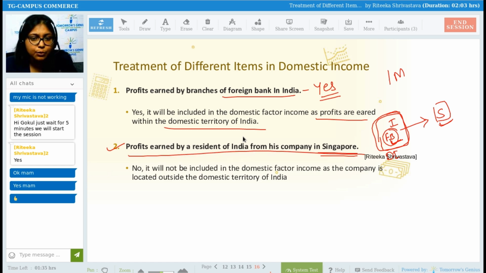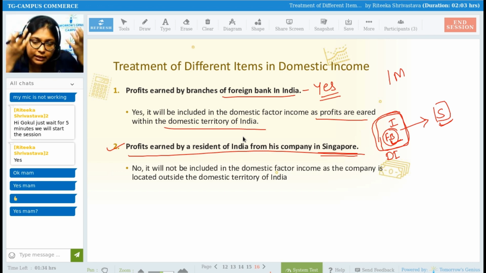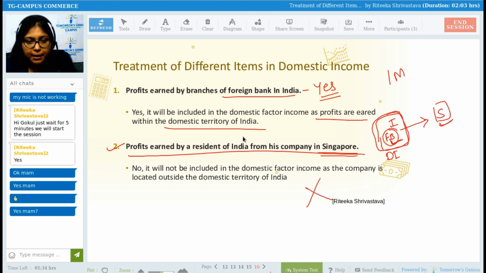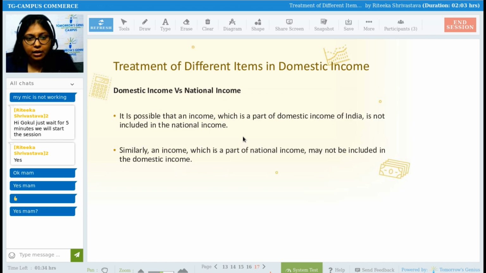If I give you the same statement and ask whether it can be part of national income, yes or no? Come on, tell me. Yes, correct. It can be part of national income because national income involves all the income, be it within the domestic territory or outside the domestic territory, earned by people from India. Right, so that will be a part of national income, but it will not be part of domestic income because it is outside the domestic territory of India.